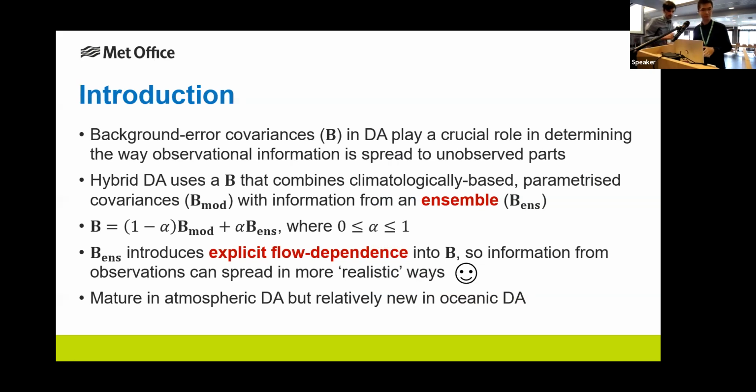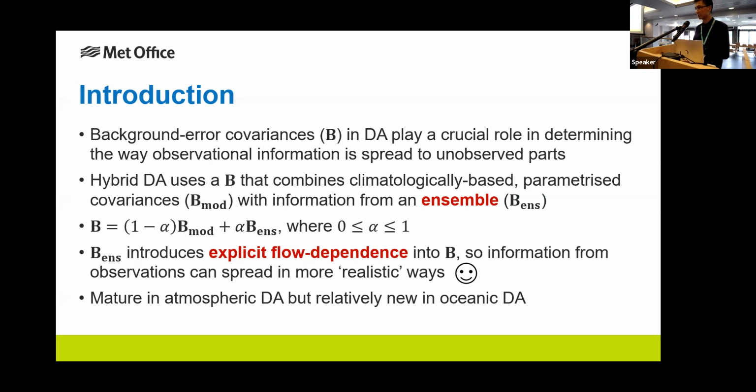Right, so I am doing variational DA, so everything is nice, no particle filtering. And I will start with talking about the background error covariance matrix B, and this in variational DA would play a crucial role in determining how information from observations is spread to the unobserved parts of the system.